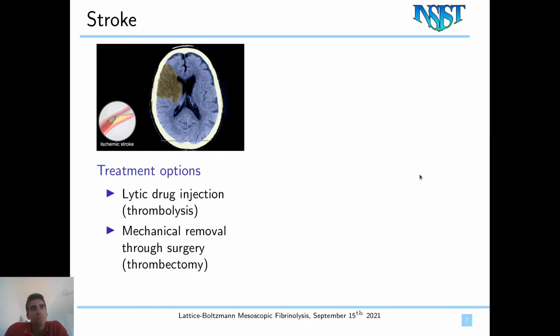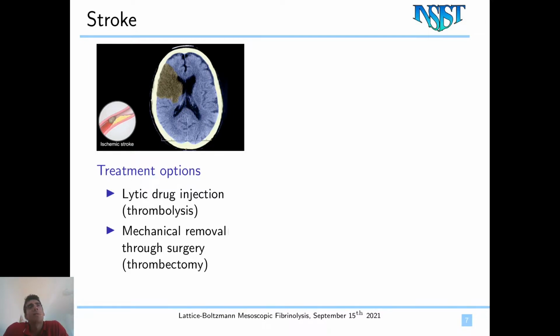So the two treatments that are available to us, that actually are most of the time paired together, are the injection of a lytic drug that will break down the thrombus, basically, and this is the thrombolysis, and or we can do a surgical operation.